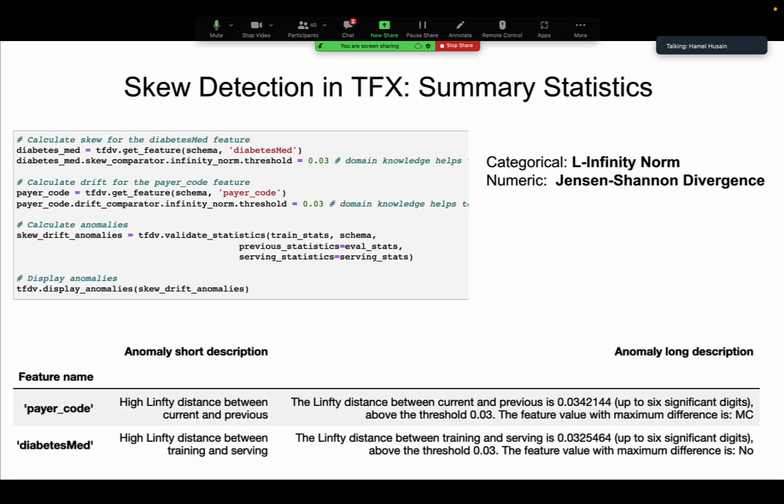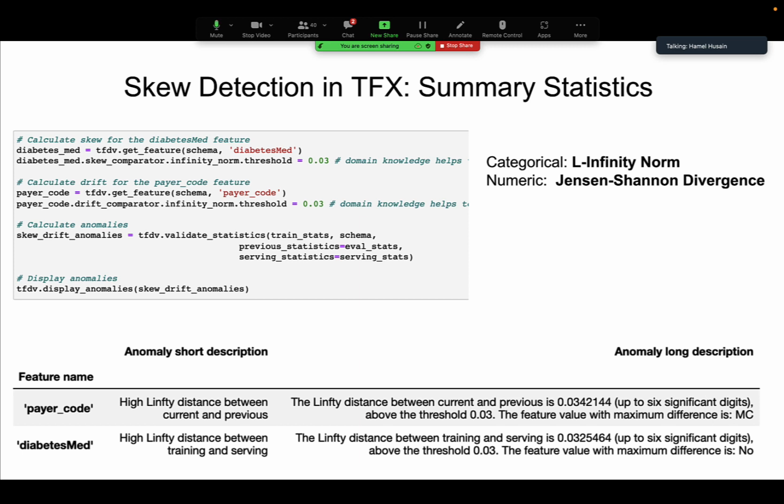So one thing I want to mention is skew detection in TFX. Skew is when your training distribution differs from your serving distribution, or even your train distribution differs from your holdout distribution, or any partition in your data that you want to measure.